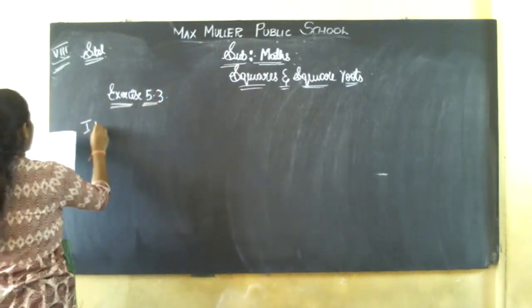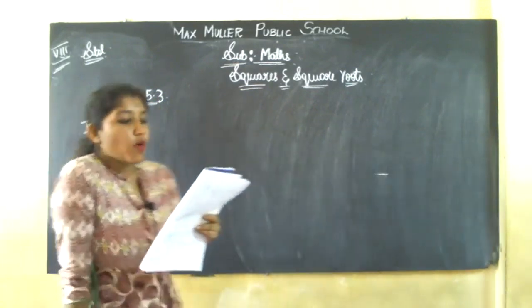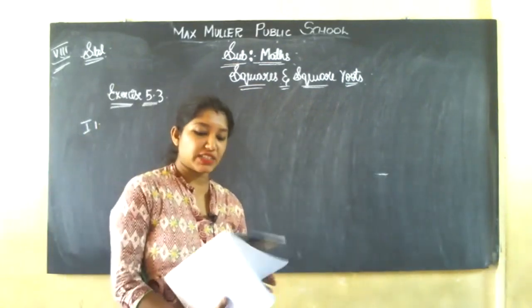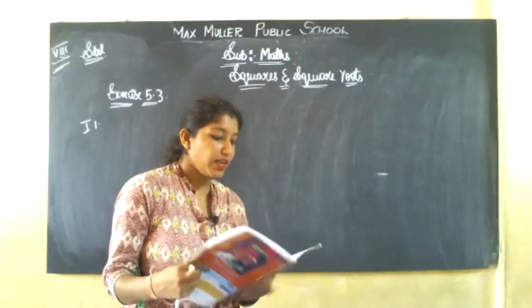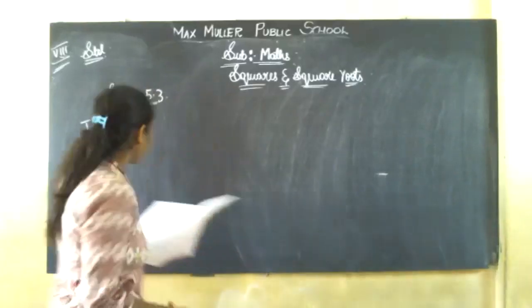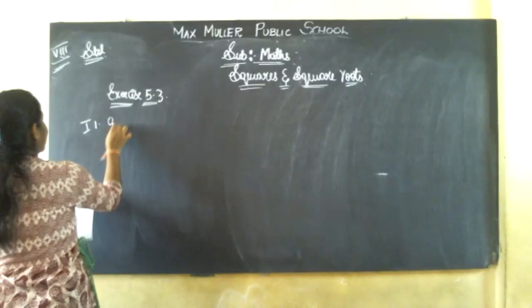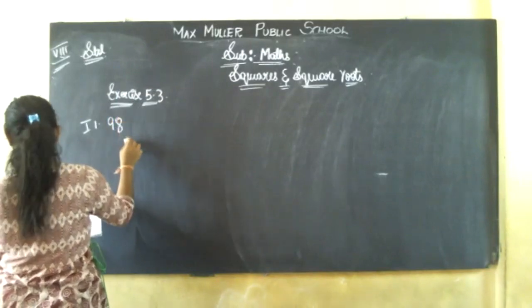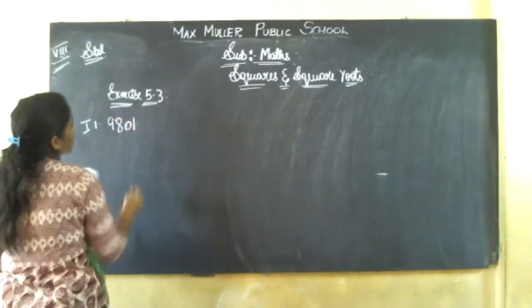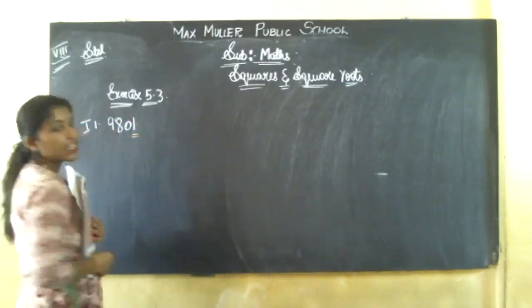First question: what could be the possible ones digit of the square root of each of the following numbers? Your first number is 9801. Here the last digit is 1.